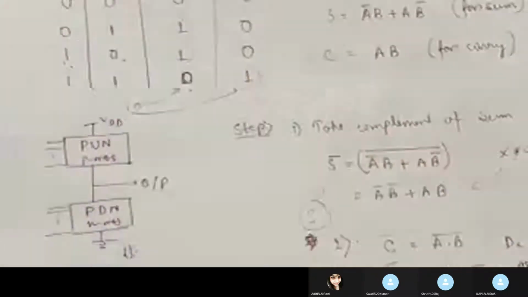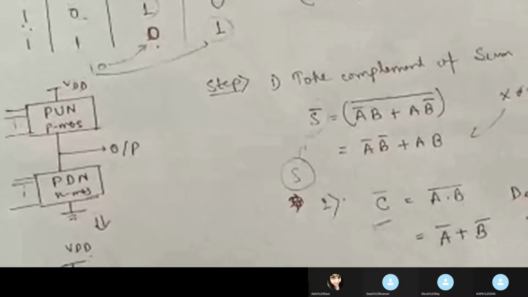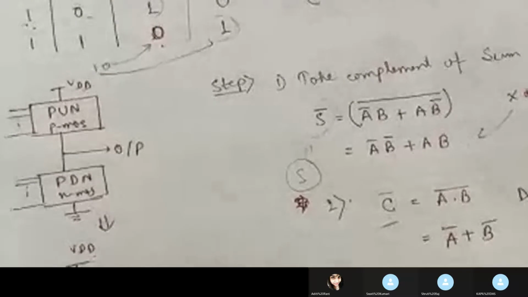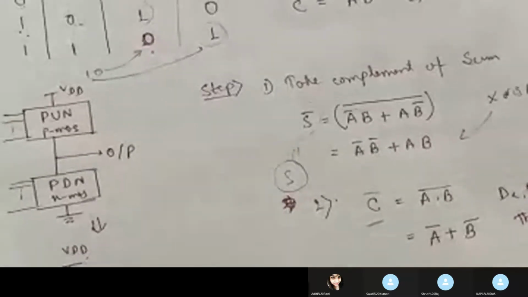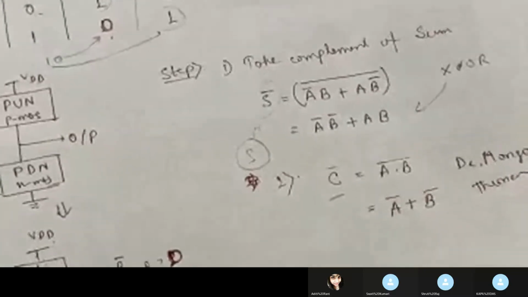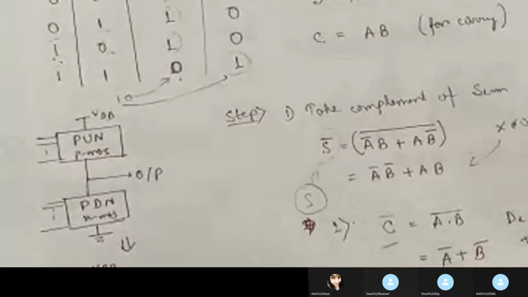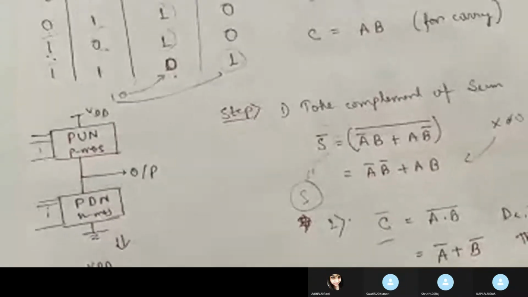For A 0 and B 0, if A is equal to 0 and B is equal to 0, here it will be 1, here again it will be 0. And here A bar means 1 and it will become 1. So output will be connected to ground. Here it is 0. And for A equal to 0, B equal to 1, A 0 means it will be 0, B 1 means it will be 1.